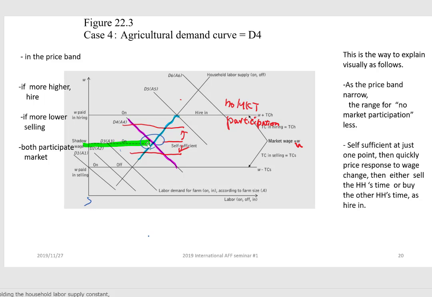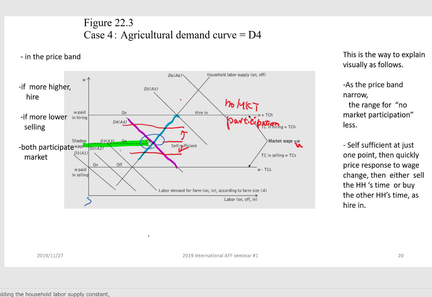As the wage goes up, even a self-sufficient household quickly changes or quickly participates in the labor market, or as the price goes down, sometimes the household makes a decision to sell their household labor quickly.